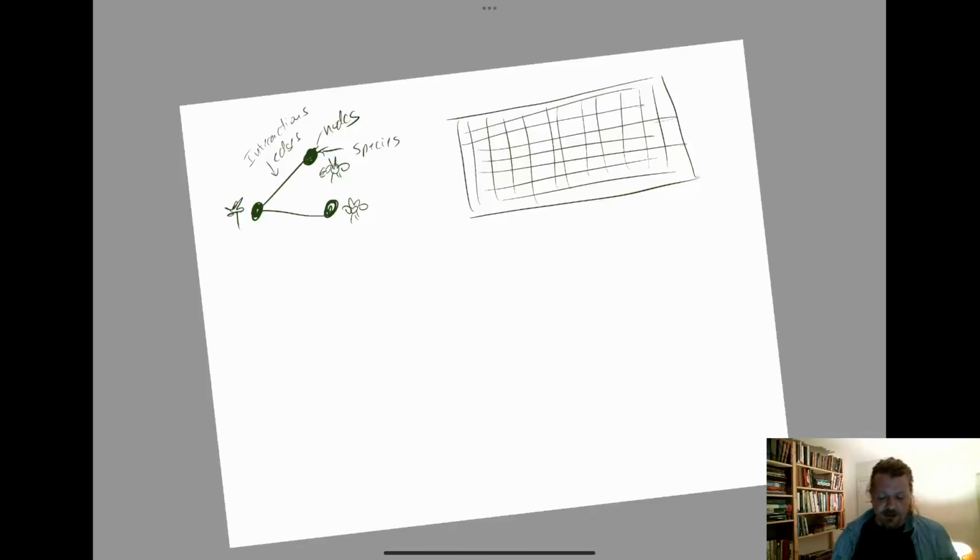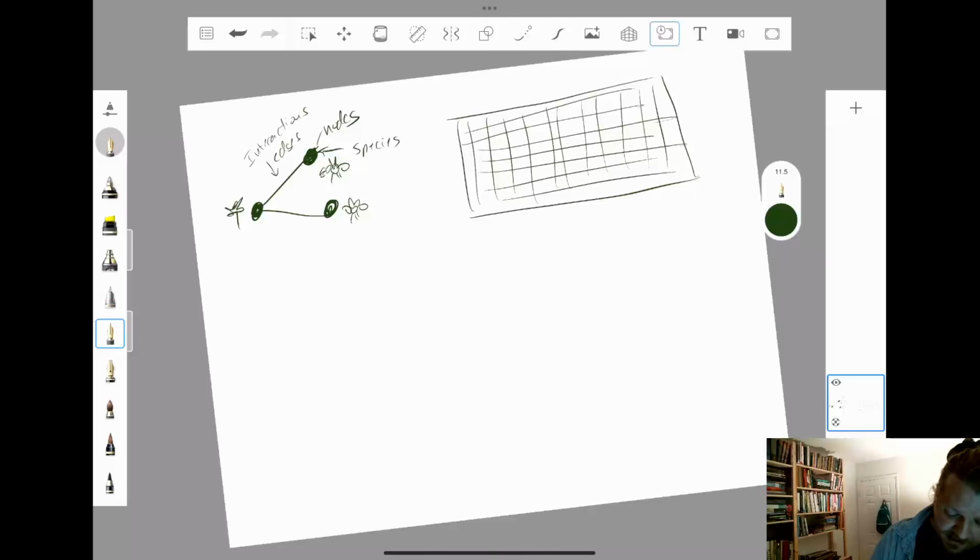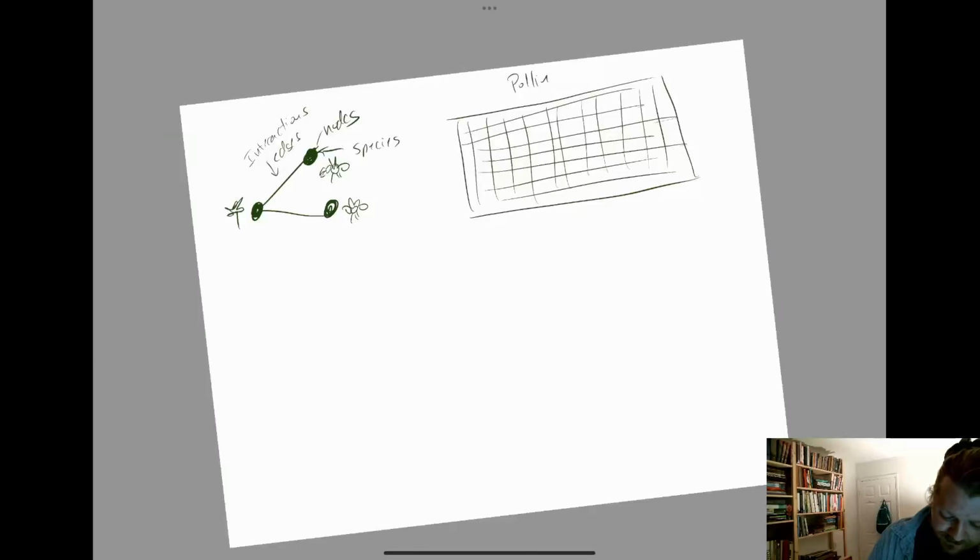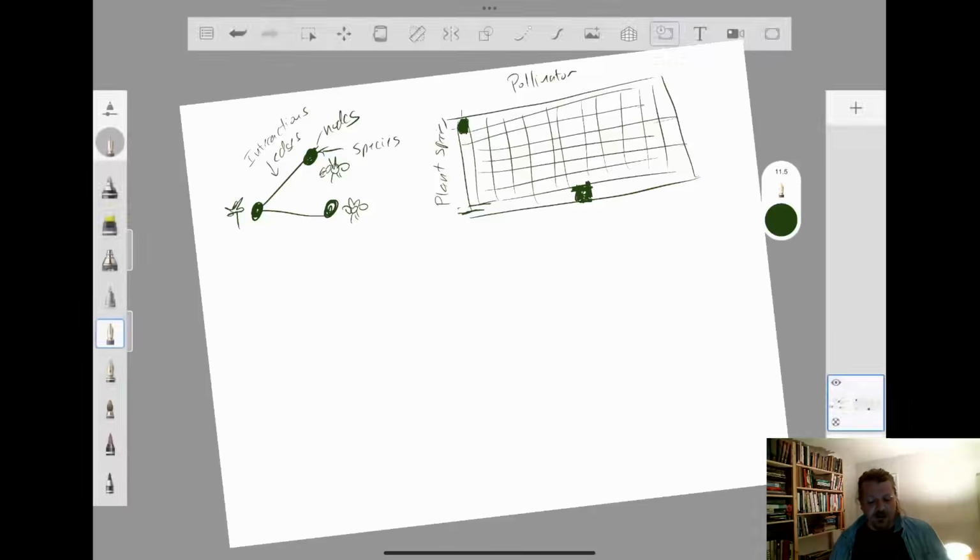And in this matrix, let's imagine that each of the columns is a pollinator species, and each of the rows is a plant species. And you can imagine then we could fill in the cells: if these two species interacted, there's a square there. So this species of plant interacts with this species of pollinator. This species of plant here interacts with this species of pollinator, right? So these are another way to visualize networks, right?